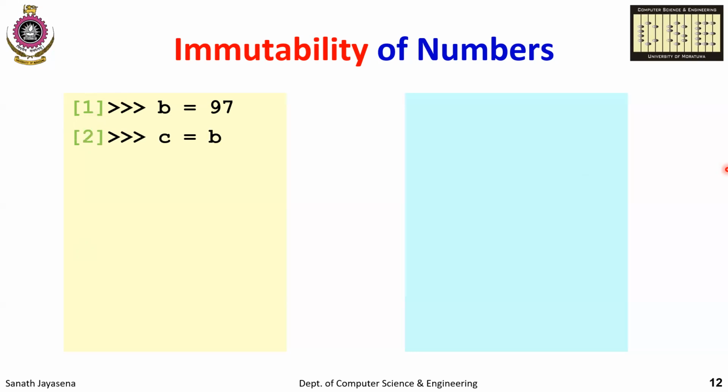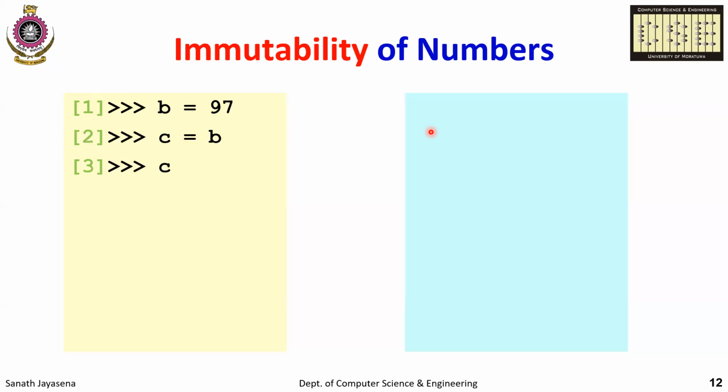So when we say b equals 97, it simply accepts it, so there's nothing we get as a response. We get to the prompt again, and at that point, let's say we say c equals b. That is our second statement that we give as input, so we have numbered it as 2. Does it say anything about it? No, we don't get any response. That's fine. Sometimes Python doesn't say anything.